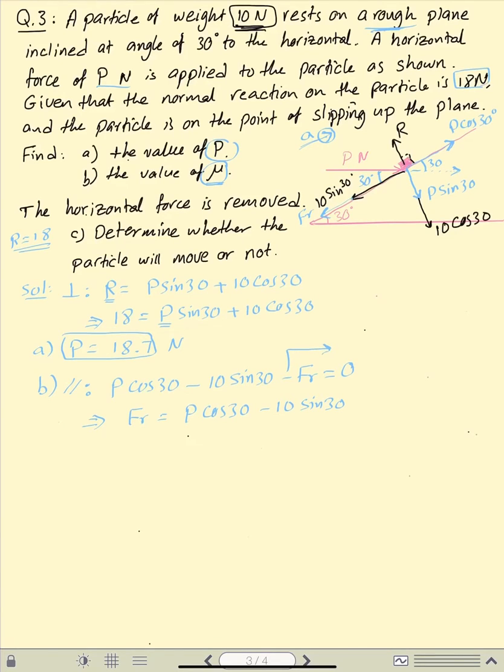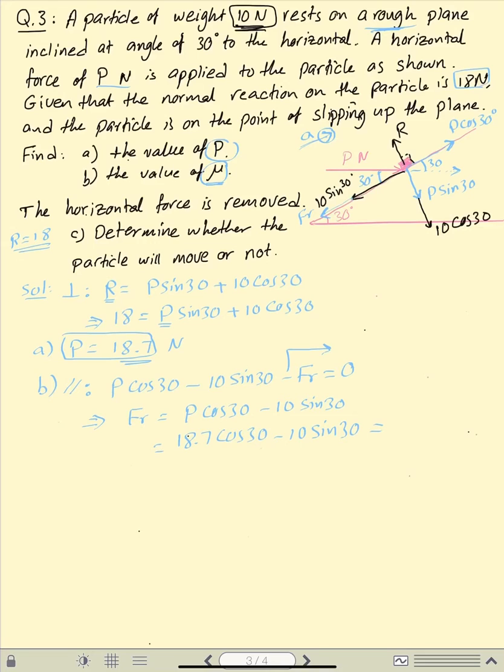By replacing P by 18.7, FR is equal to 18.7 cosine 30 minus 10 sine 30.